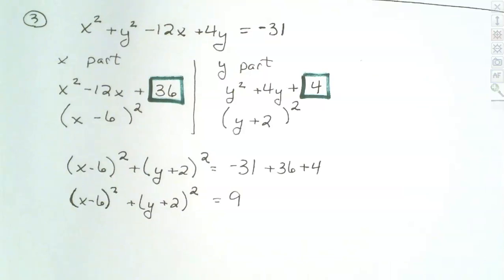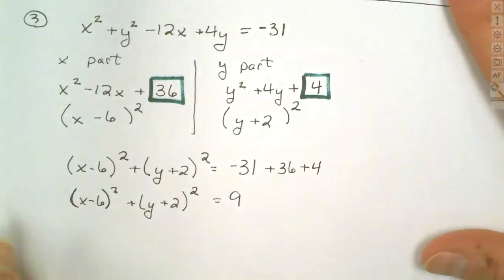If it is negative, it is non-existent. If it's 0, then what is it? If it's 0, it's just a point. So ours is a 9. So this is a circle, and let's go ahead and get the center and the radius.